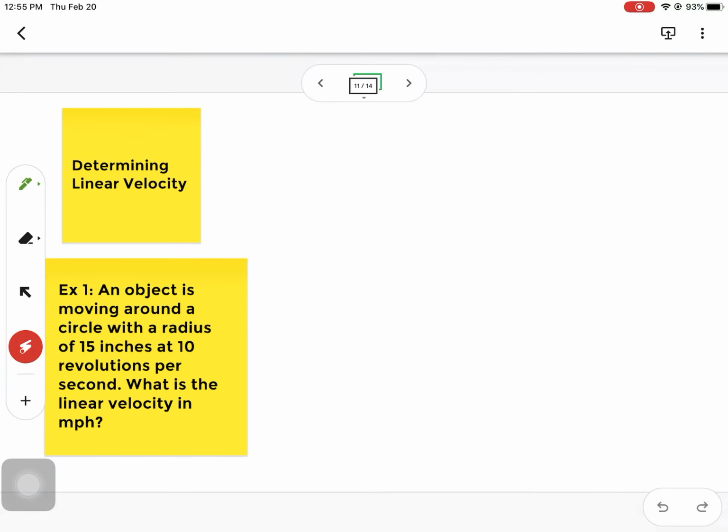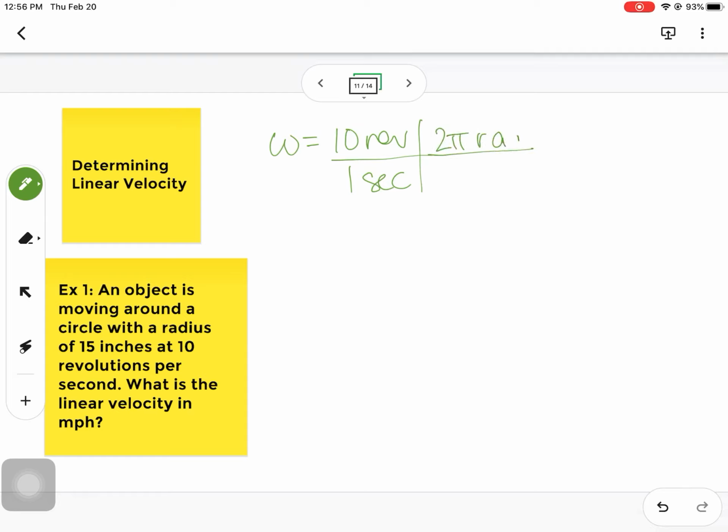Okay, so I've taken the exact same scenario to drill down into what we have to do when I tell you the units I want it to be in. So we're going to do this one very similarly, but with some slight changes. Again, this one is going to start with my revolutions per second, which I will convert into 2 pi radians.